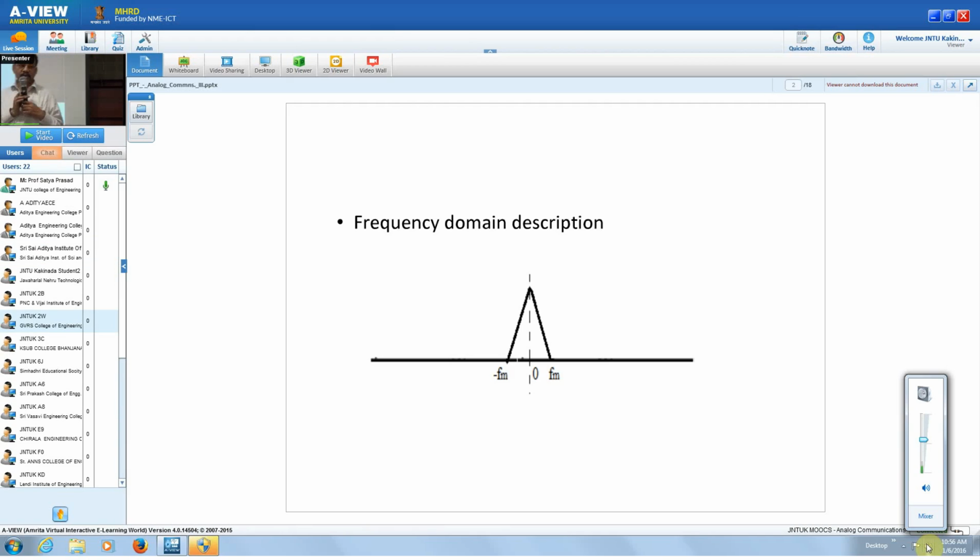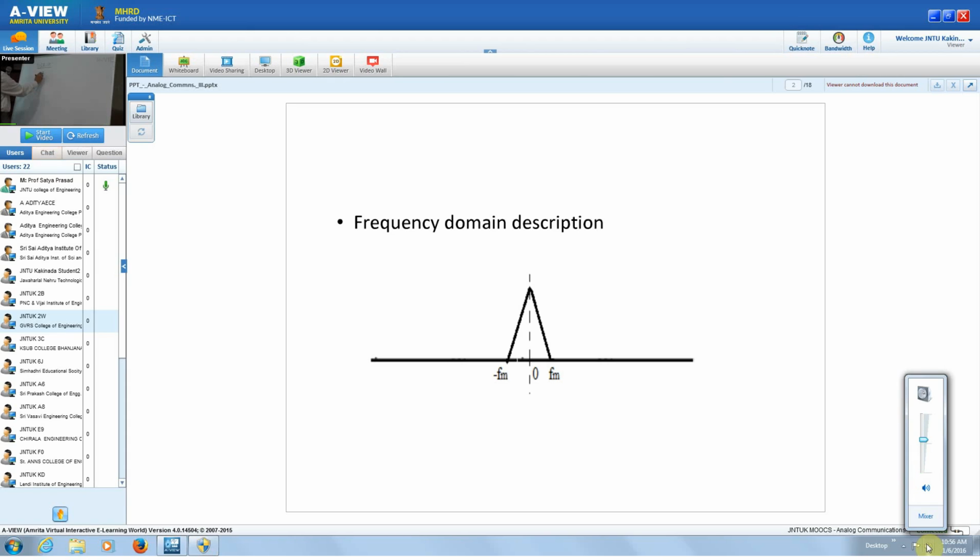let us look into the DSBSC signal that we are going to have. What is the signal for this DSBSC?